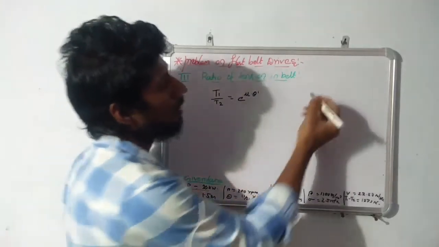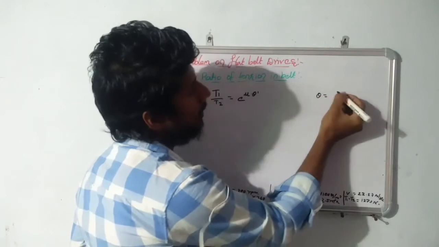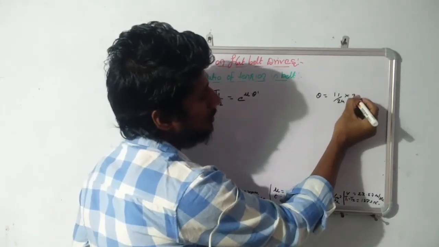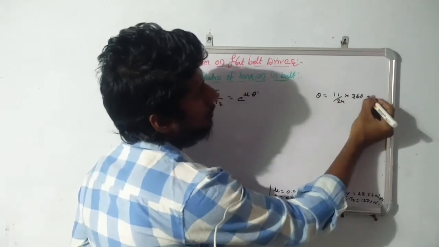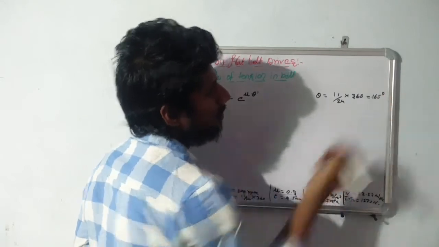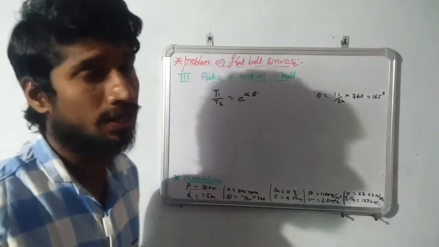So the theta is, we know, angle of contact or maybe arc of contact. In the given problem we have that value 24 into circumference, so that is the 360. So by simplifying this one, what we get here, 165 degrees. So it is a value of theta in degrees.